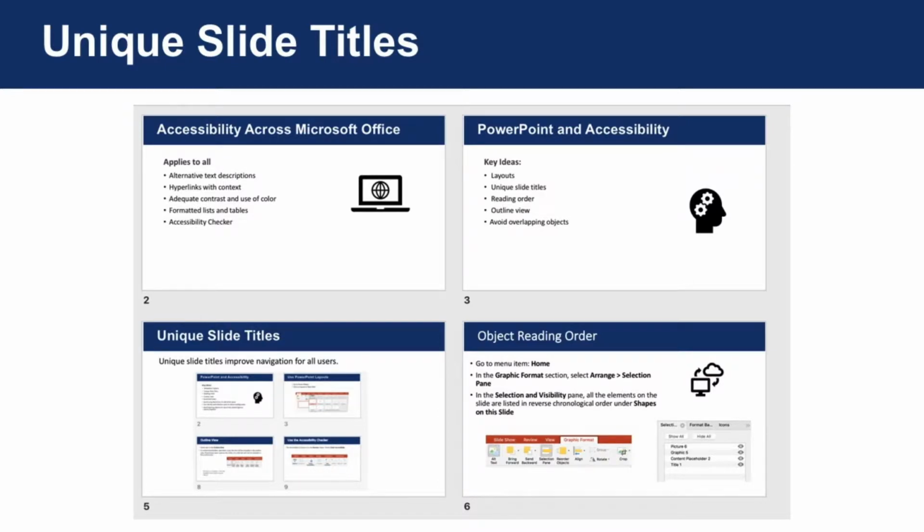This will allow a user of a screen reader to easily find their way around and identify where they are within the presentation. Unique slide titles will help all users better access the information on your slides. So that's one of the key features of an accessible PowerPoint, and it's a universal design feature.